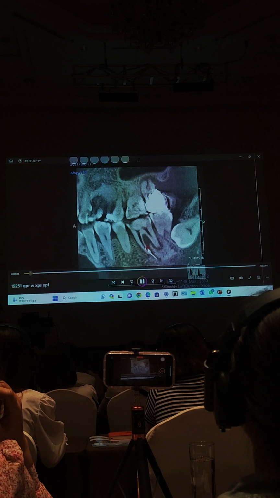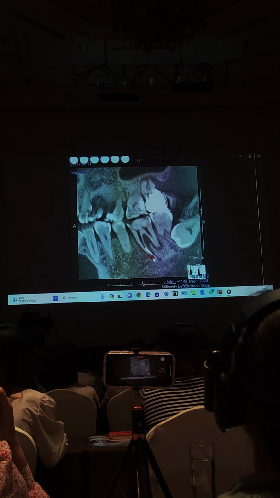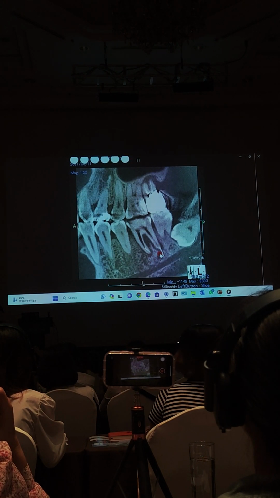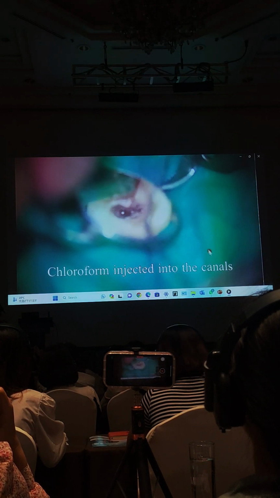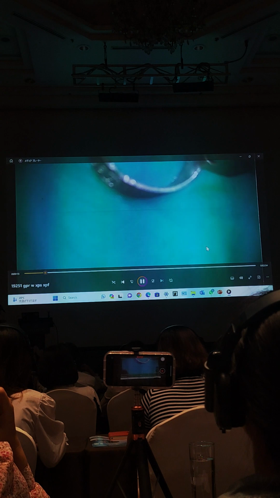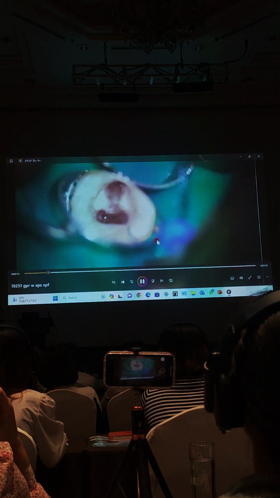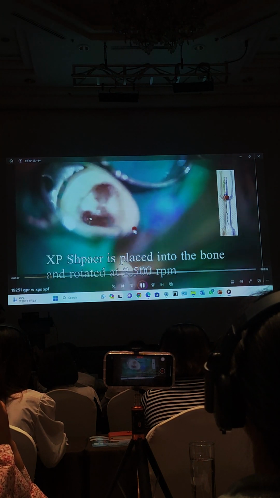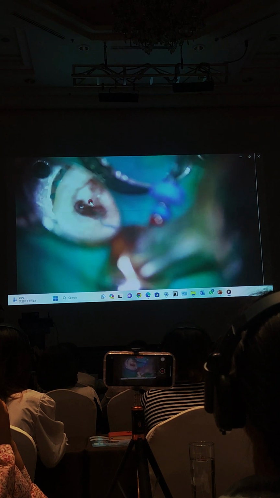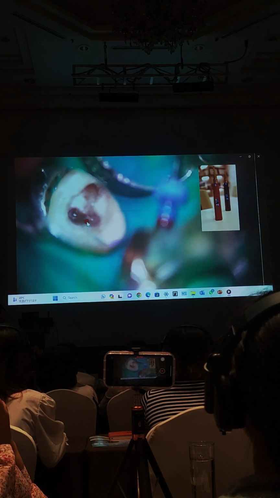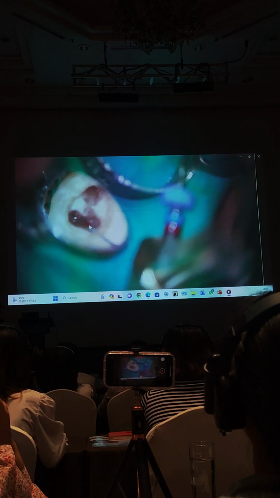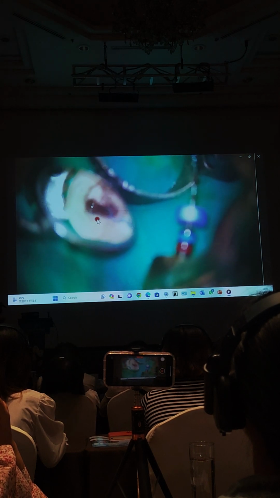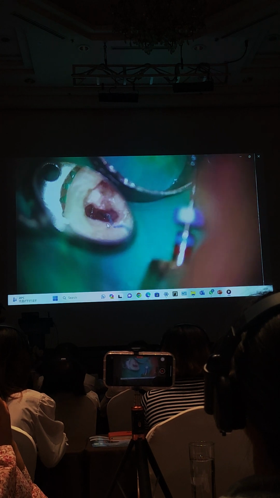So let me quickly show you how I did this. So here the gutta-percha. First, you need to make a treatment plan based on the findings. So I was away from the inferior alveolar nerve. So I'm spinning the XP Shaper, 2,500 RPM. Now I'm reaching the periapical tissues.